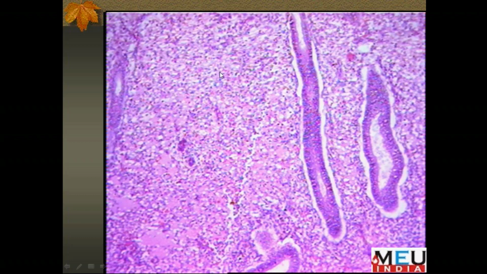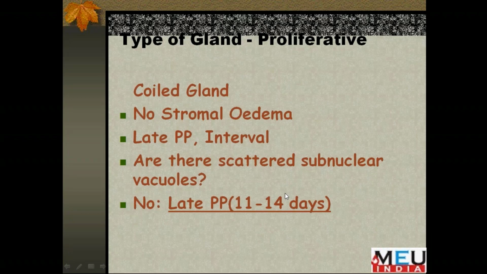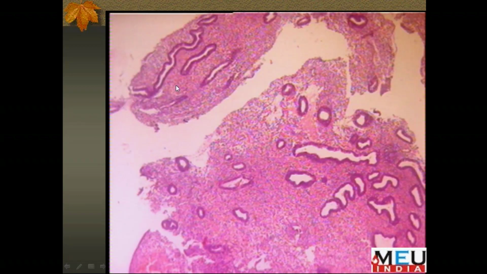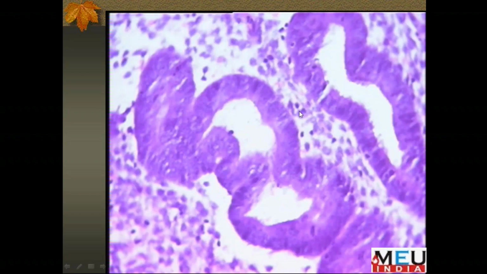If we look here at the base, small nuclei start appearing. See here also, small nuclei start appearing, and the gland is proliferative, it is coiled, and subnuclear vacuoles start appearing in the late proliferative phase. If you see here, these are the subnuclear vacuoles that have started appearing.